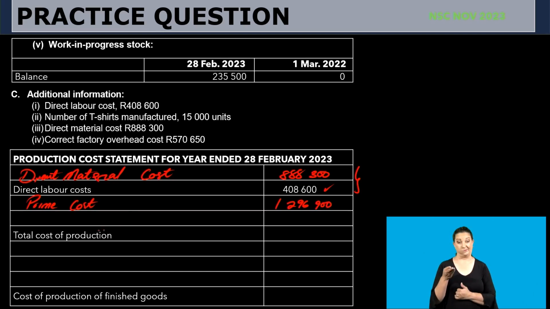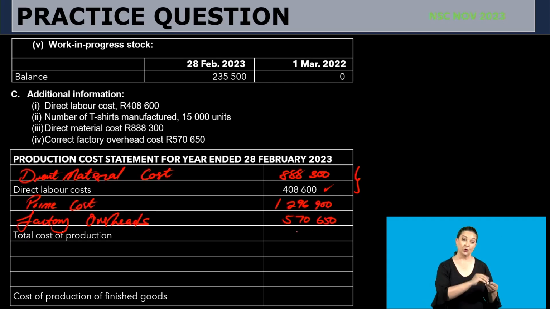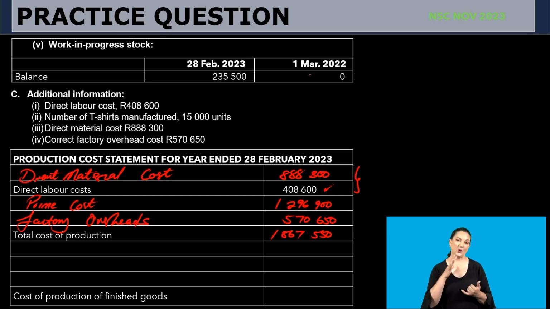After I have my prime cost, then I come and I add my factory overheads. Remember, I'm adding all of these amounts. Add factory overhead cost. And we just calculated that one, which was 570,650. And it will give me total production cost, which is 1,867,550.